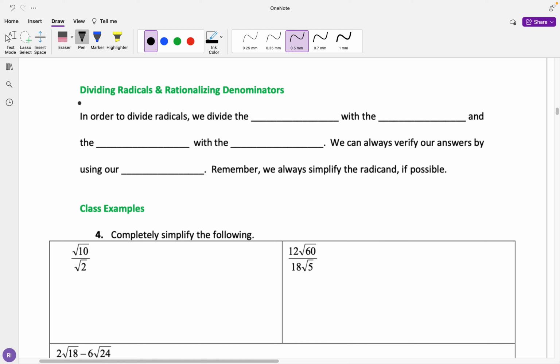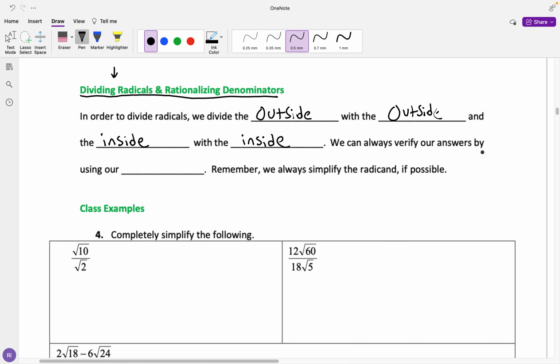Okay. So, dividing radicals and rationalizing the denominator. Dividing radicals is going to work exactly like you'd expect, kind of like multiplying. In order to divide radicals, we divide the, I'm going to use layman's terms here, we divide the outside with the outside and the inside with the inside.